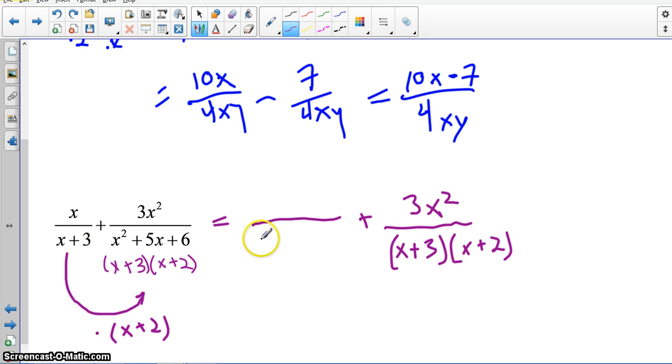Okay, and if we have an x plus 3 underneath the x, and if we're going to put an x plus 2 on the bottom of the first fraction, so we're going to multiply in an x plus 2. What I got to do to the top and bottom?